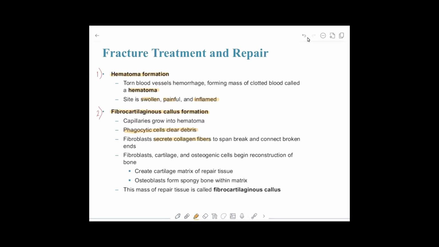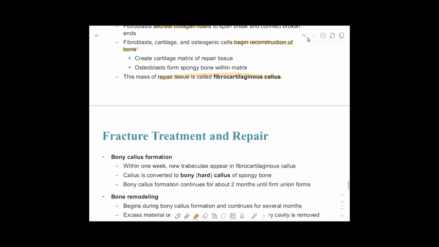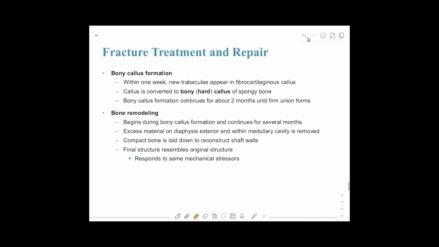And there's kind of the beginning reconstruction of the bone. And this mass of repair tissue is called a fibrocartilaginous callus.